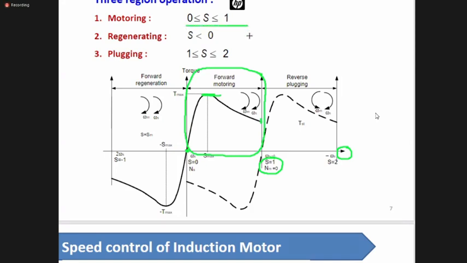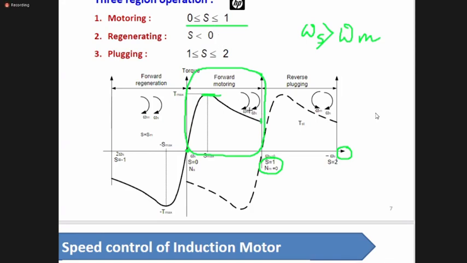It is positive because your omega_m is always less than omega_s. If I say this is omega_s and this is omega_m, then omega_m is always less than omega_s. So your slip should be somewhere in between 0 and 1.